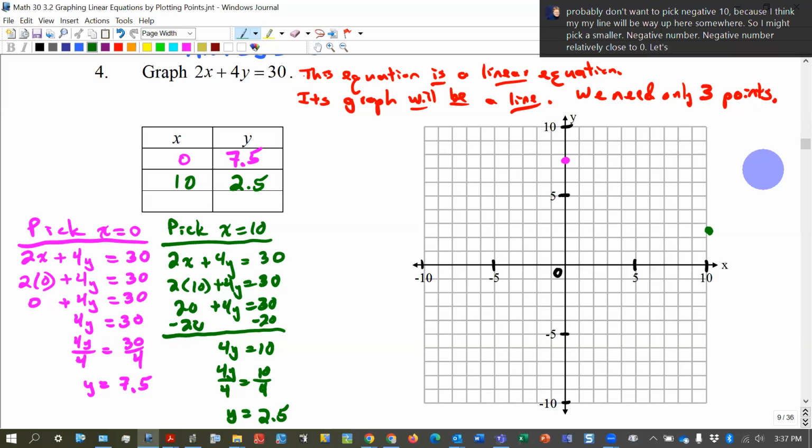Let's see. Maybe let's see what happens if we pick -2.